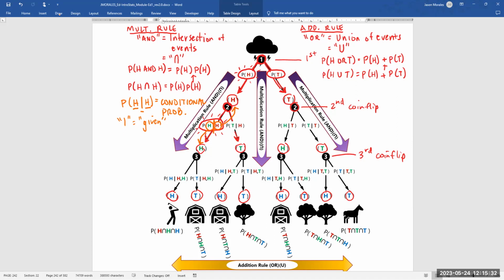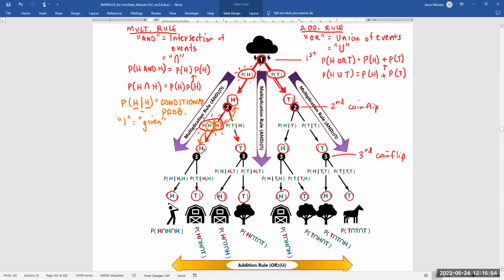So in later problems, when you're being tasked with coming up with a conditional probability, you can determine that by looking at this tree diagram. But let's save that for later, and let's focus more on the multiplication rule and the addition rule.